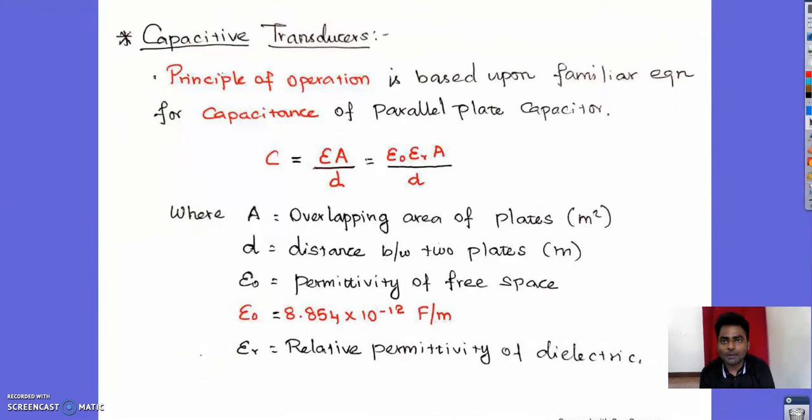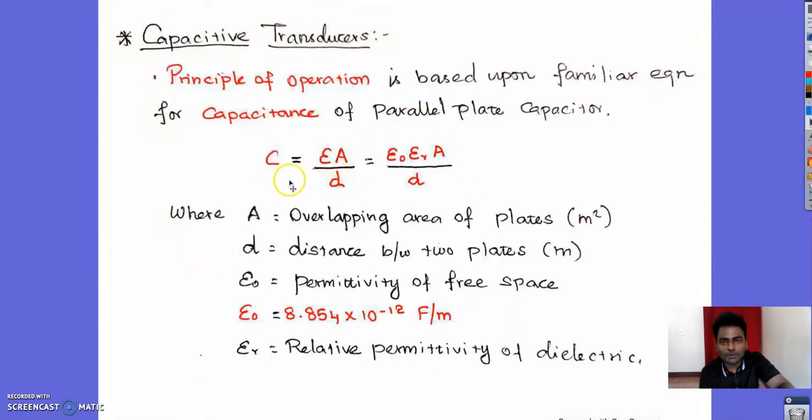And coming next to the capacitive transducer, the principle of operation is based upon the familiar equation of capacitance of a parallel plate capacitor. We have seen the equation of the parallel plate capacitor, where your capacitance C is epsilon into A divided by D, where epsilon is equal to epsilon naught into epsilon r. That is, epsilon is nothing but permittivity. The permittivity is the product of the permittivity of free space and the relative permittivity of the dielectric.